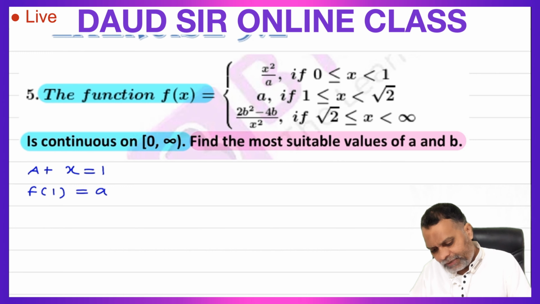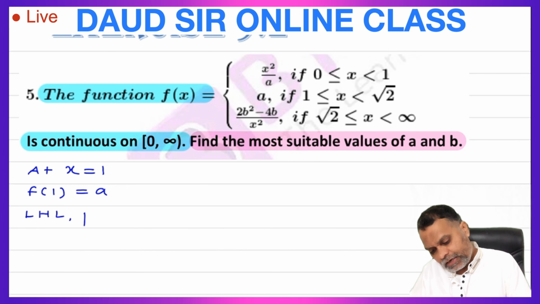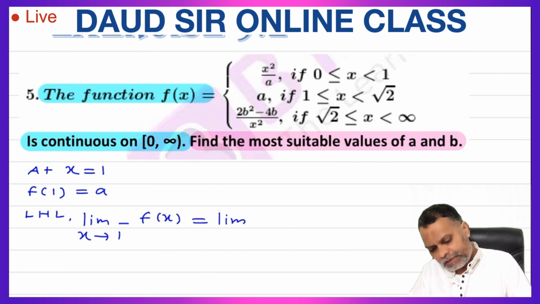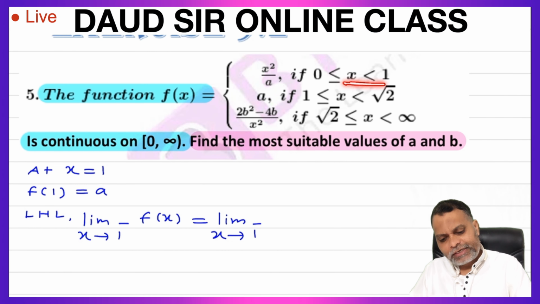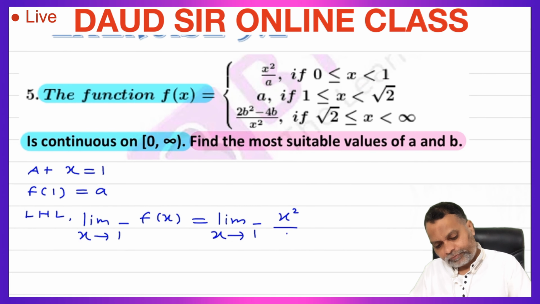So left hand limit first. Limit x tends to 1 minus f of x, where x is less than 1. So take this function x square upon a.